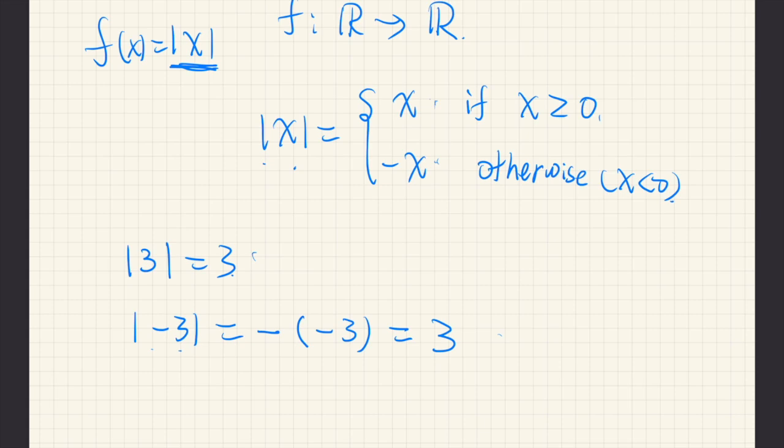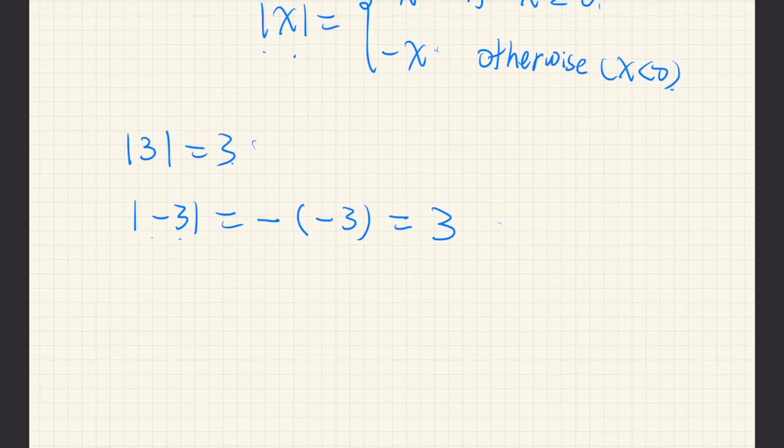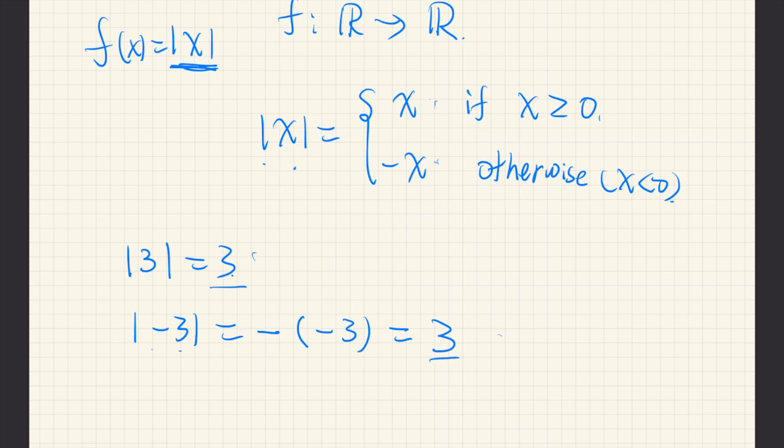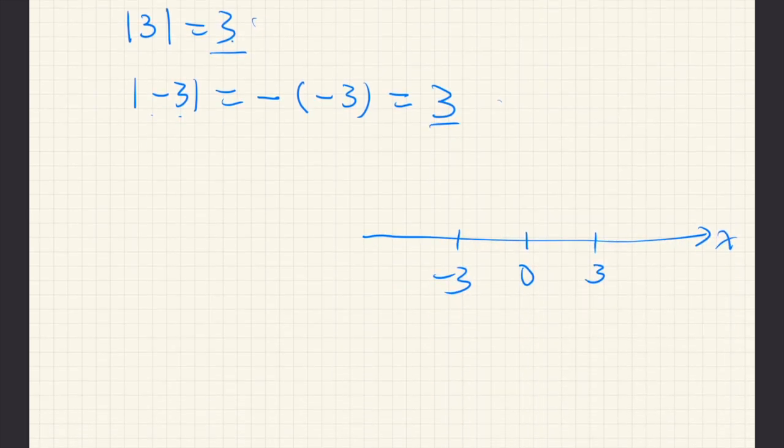In other words, the absolute value represents the magnitude of the number. So if we plot numbers on the number line, let's say this is 0 and this is 3 and this is negative 3, what these absolute values represent is the distance between the origin and that number.